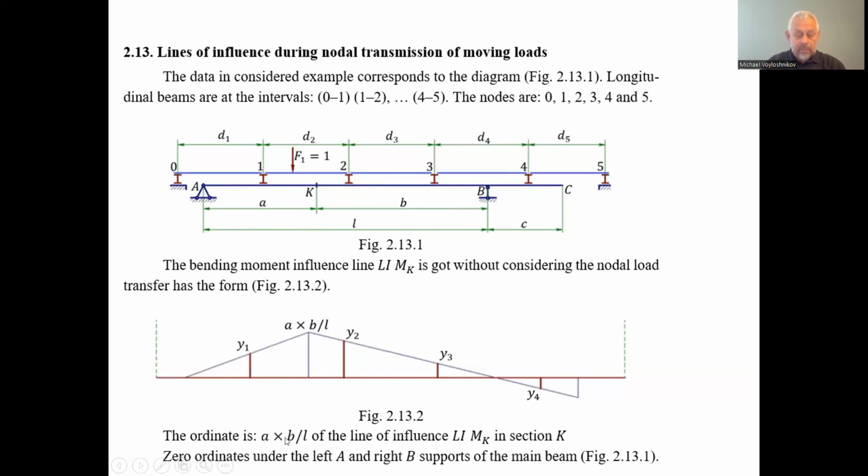So on the supports, the fixed hinge A and the hinge B, we have zero bending moment.